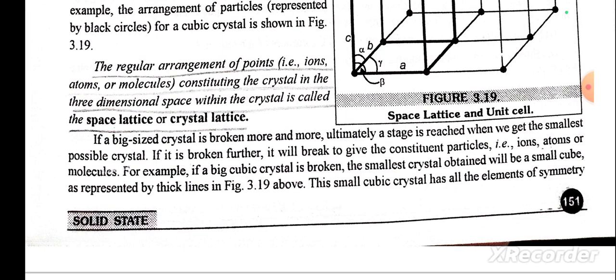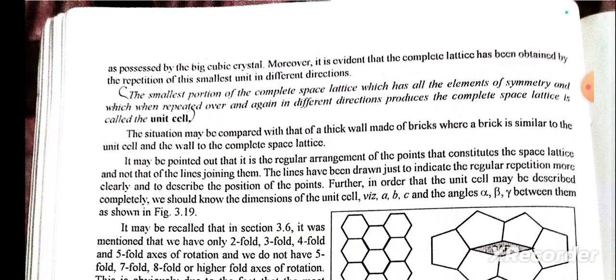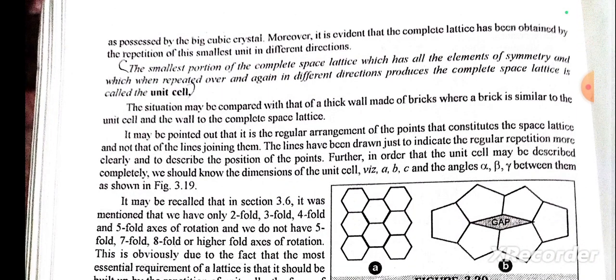This small cubic crystal has all the elements of symmetry possessed by the bigger cubic crystal. Moreover, it is evident that the complete space lattice can be obtained by the repetition of this smallest unit in different directions.